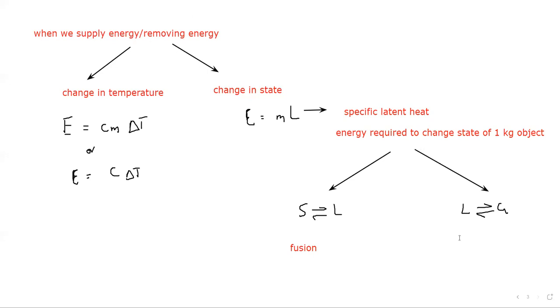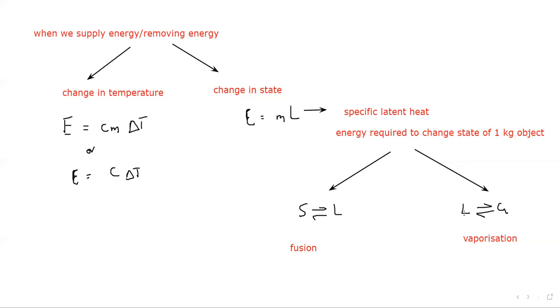If we want to convert 1 kilogram of liquid into gas or the opposite, then we call that vaporization. The only difference is, when solid is converting into liquid, you have to supply energy. But when liquid changes back to solid, the energy is removed. And when liquid changes to gas, energy is supplied, and when gas changes to liquid, energy is removed as the particles come closer to each other.